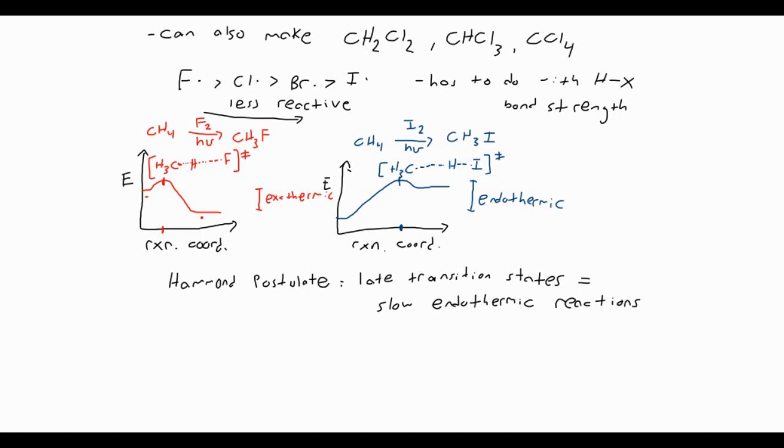Whereas the opposite is true. So very early transition states, like what we've seen for fluorine, are going to be characteristic of extremely fast and very exothermic processes.